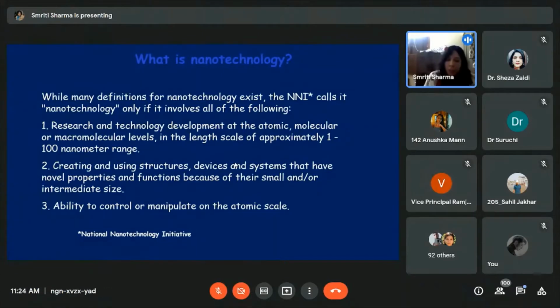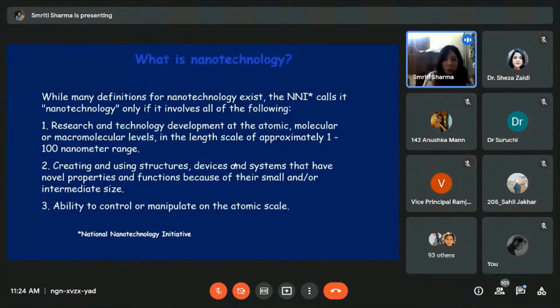The 1 to 100 nanometer range is conventionally taken, all over the world, as the range in which, if you have a system or structure with a novel property or function that you're characterizing, and it has dimensions in the 1 to 100 nanometer range, that will be known as anything related to nanotechnology.